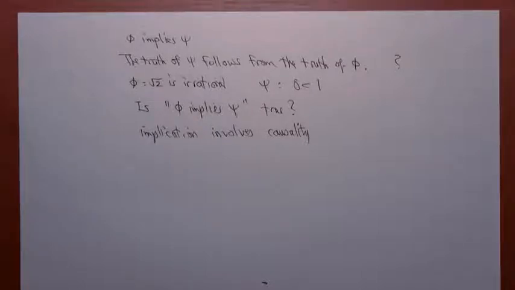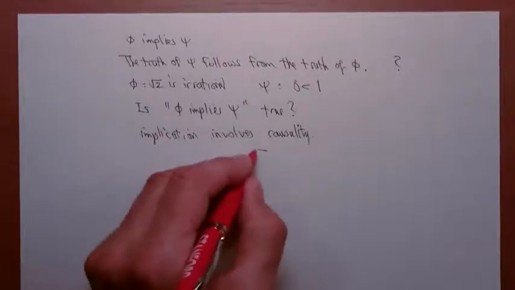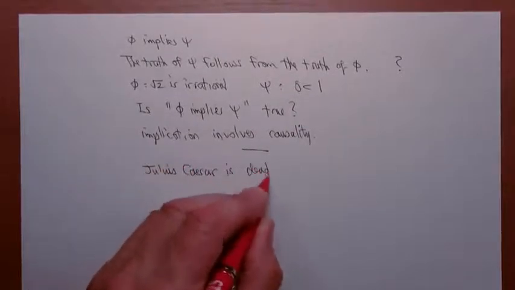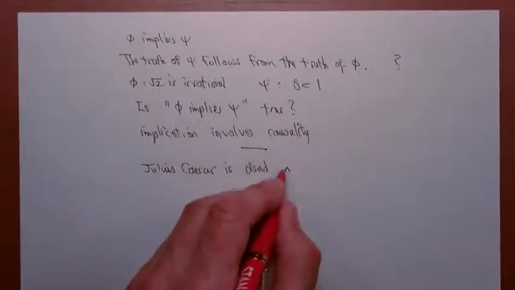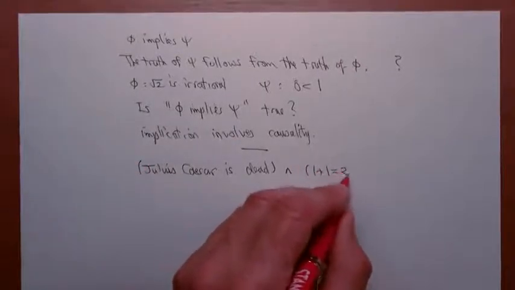It didn't arise before because when we were dealing with conjunction and disjunction, it didn't matter whether there was any kind of relationship between the two conjuncts or the two disjuncts. For example, let's look at the sentence, Julius Caesar is dead, and let's conjoin it with the sentence 1 + 1 = 3, the mathematical sentence.